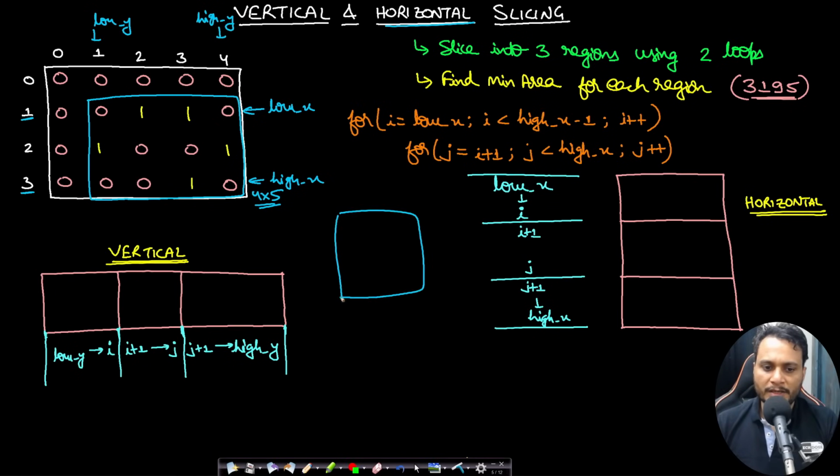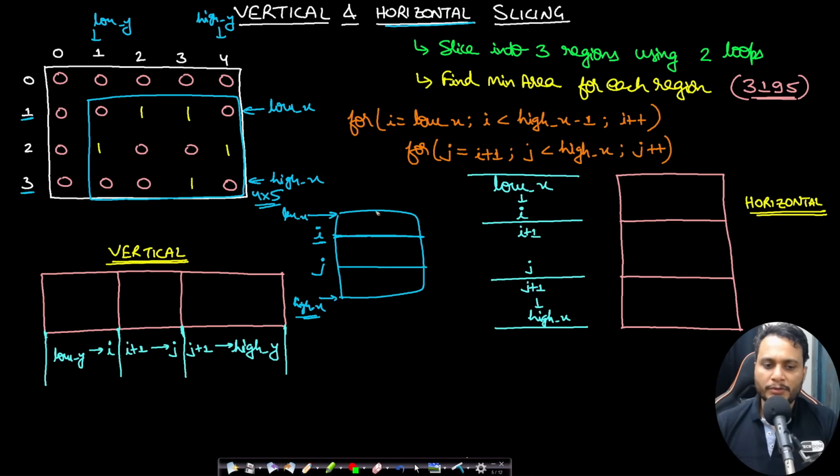Now once I know that, in order to do horizontal slicing on a box, I need to divide it exactly into 3 regions. So we have to take 2 slicers. Let's call it the slicer I and let's call it the slicer J. So I can use 2 loops to iterate and find out all combinations of I and J in such a way that I will always be less than J. So if you have to move this iterator, you know that this line is low x, this last point will be high x.